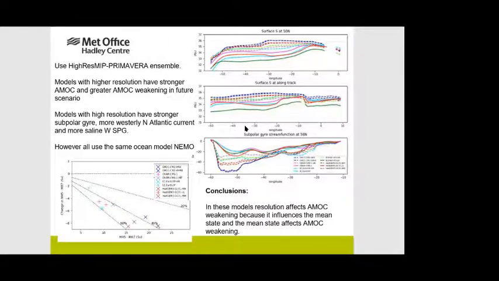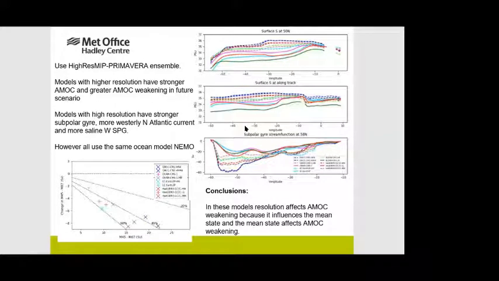A question from John Brun: do you see any oscillatory modes in the AMOC? Obviously not in this paper. I haven't looked at that. Malcolm Roberts has a paper. We didn't look at variability in that, but there is definitely some variability in the AMOC.